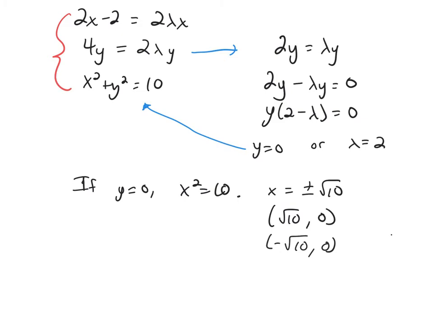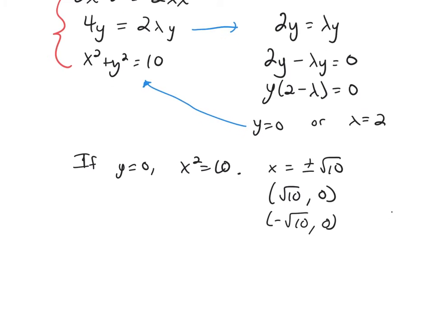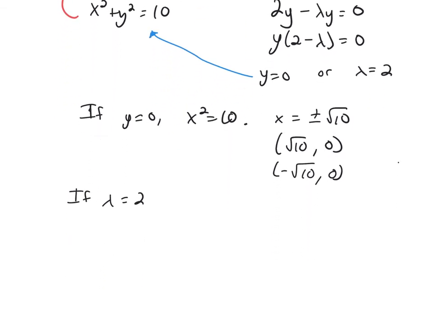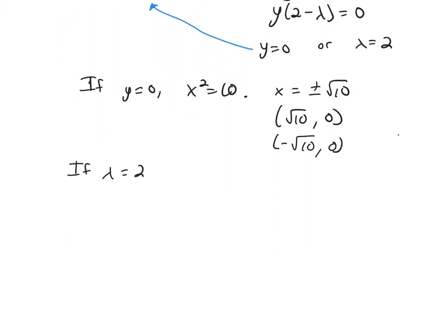If lambda is 2, then go back to your first equation in your system of equations. So you have 2x minus 2 equals 4x.